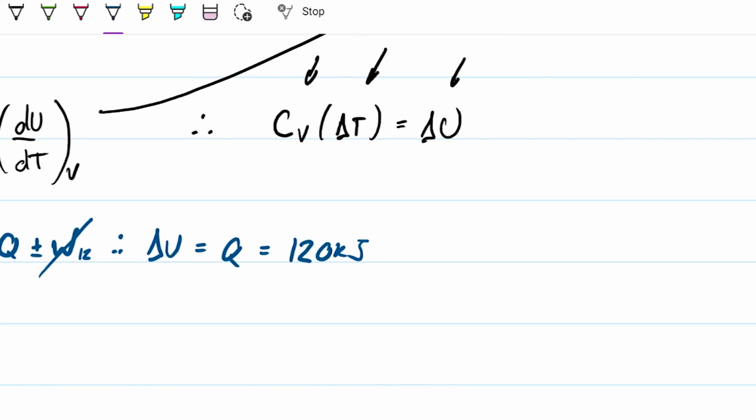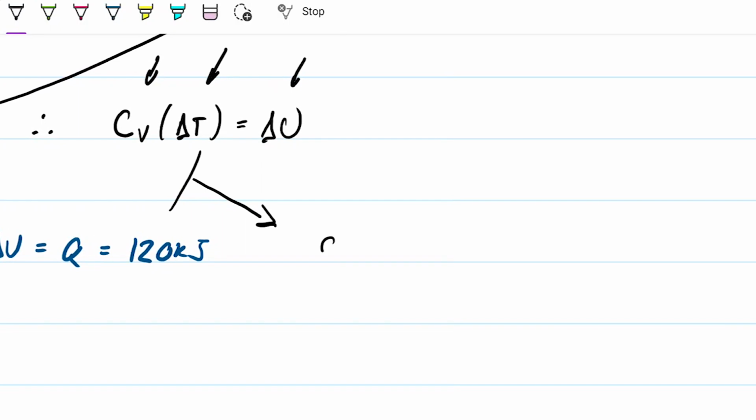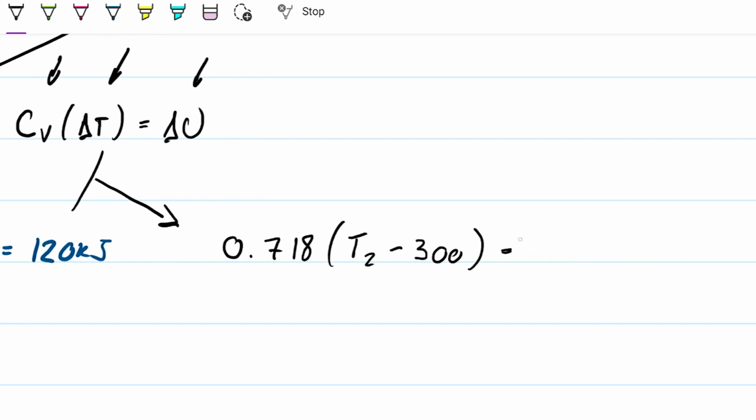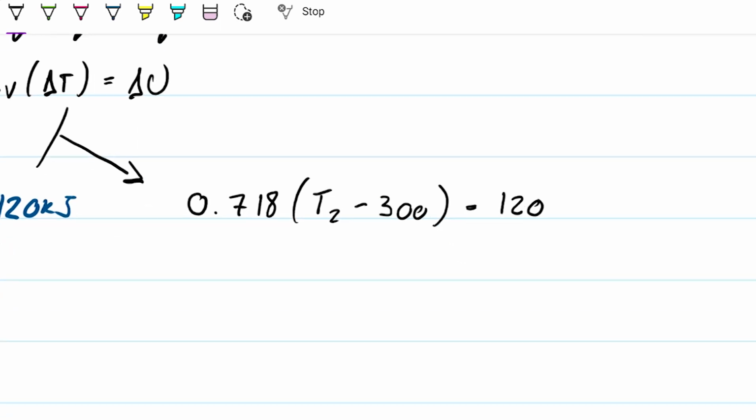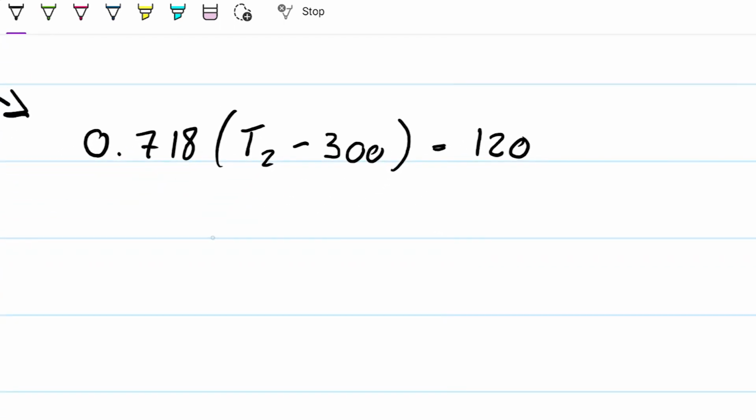Okay? So because of all this, now here we can go and combine these two pieces of information into the idea at 0.718 times T2 minus T1, T1 is 300, has to be equal to 120 kilojoules, all right? And we're going to check units in just a second.